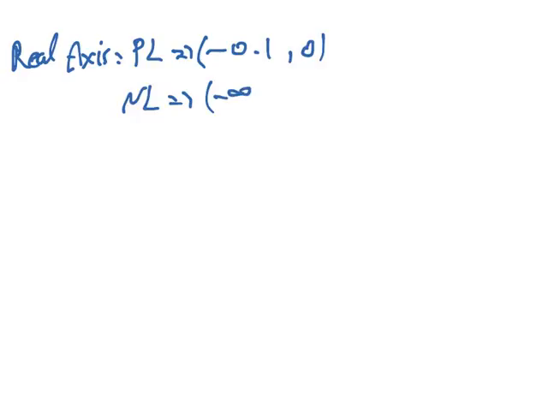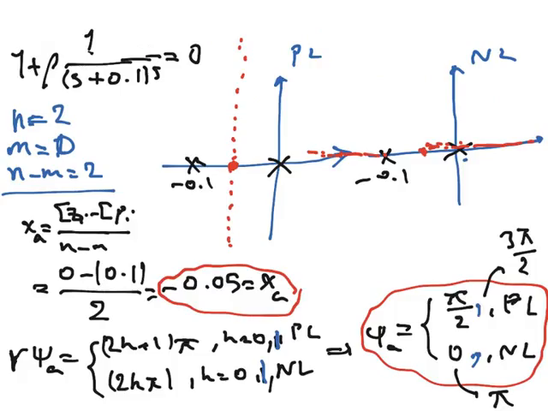So from minus infinity to minus 0.1 and from 0 to infinity. So these are the parts of the real axis which belong to the root locus, and here I just draw them with the green color.